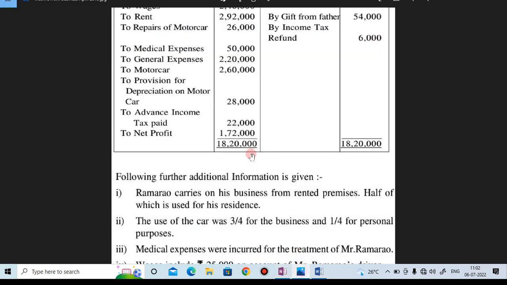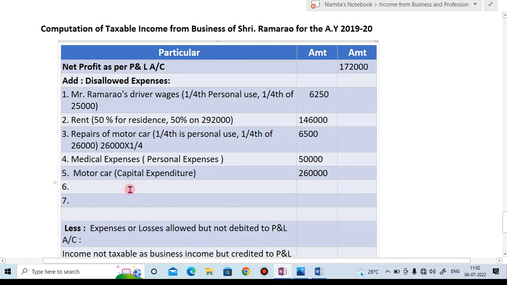So this entire amount of provision for depreciation on motor car is nothing but disallowed expenses, that is 28,000.